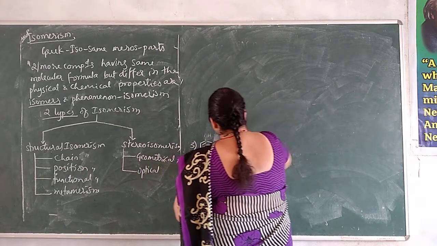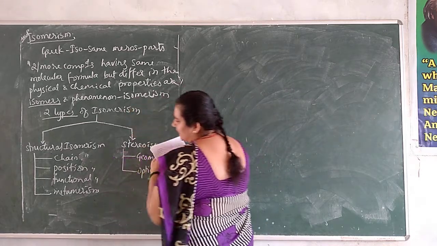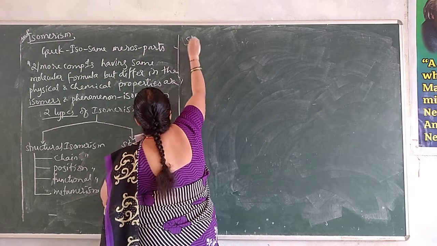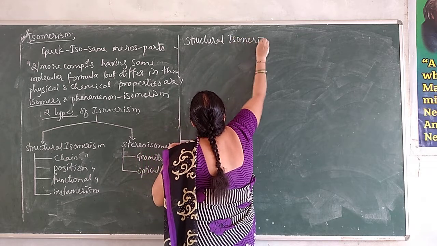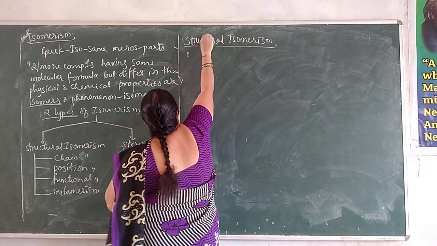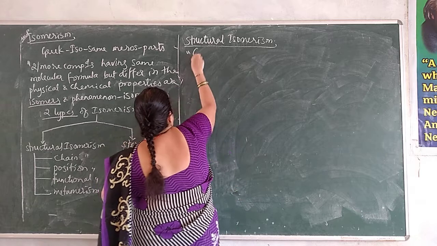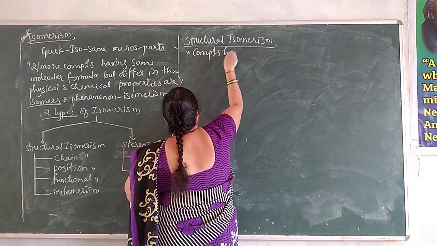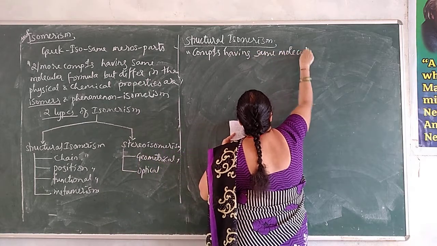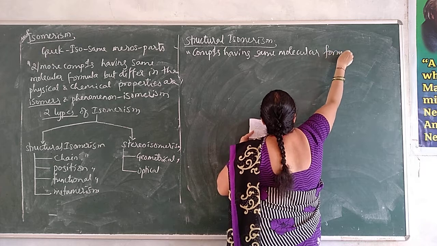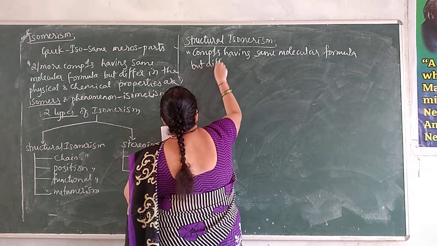First, let me give the definition of structural isomerism, then we will move to the next types of isomerism. The definition of structural isomerism: compounds having the same molecular formula but different structures.